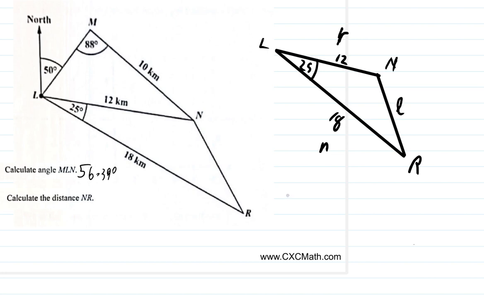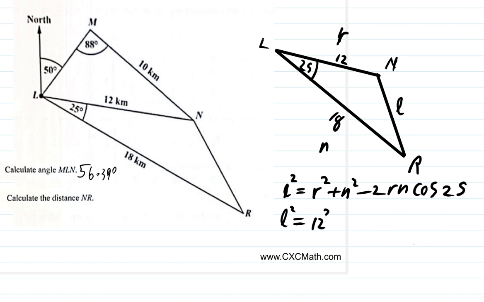So what the cosine rule says, in this case, is l squared equals r squared plus n squared minus 2rn cos of the angle opposite l, which is cos 25. So l squared equals 12 squared plus 18 squared minus 2 by 12 by 18 cos 25.